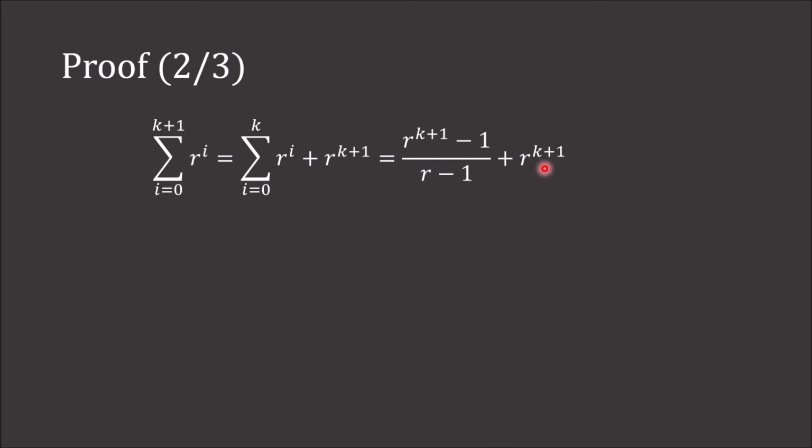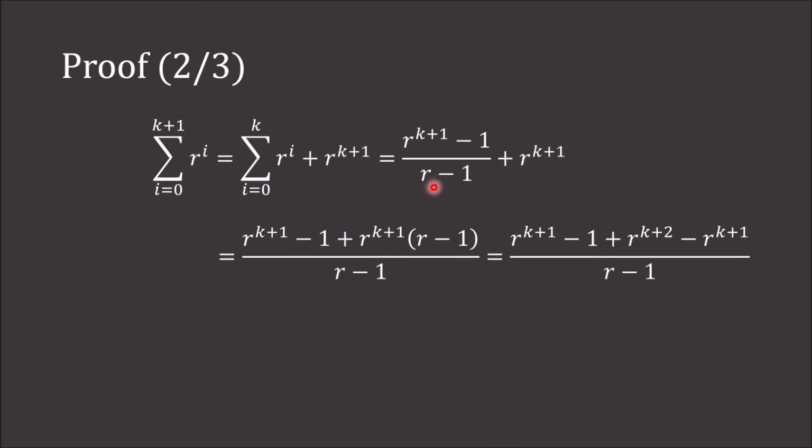Now we need to find a common denominator, so we'll multiply this term by r minus 1. Now distribute this r to the k plus 1 through. This will become r to the k plus 2 minus r to the k plus 1. Well, now we have an r to the k plus 1 here, and we have a minus r to the k plus 1 here.